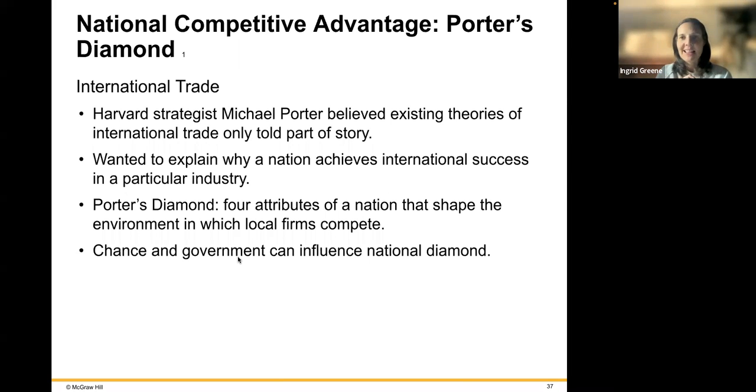One of the examples that I like in the book is, why does Switzerland excel in precision instruments and chemicals? He's saying that it uses resources productively. Yes, but there's more to the story, right? Heckscher-Ohlin would have said that it's due to the resources that Switzerland has, but Porter is saying, actually, there was more to it than that. So let's get into it and talk through it.